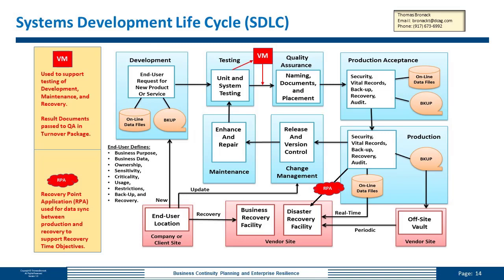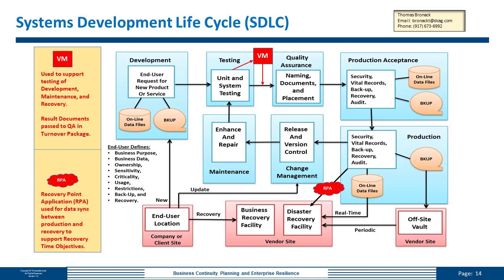The systems development life cycle is illustrated in this slide, with testing being performed via VMware snapshots to additionally test critical services before they are introduced into the production environment. Additionally, real-time and periodic data backup and synchronization is shown so you can support continuously available and high-available applications and services.